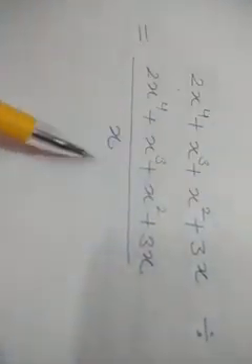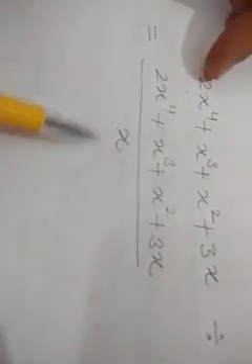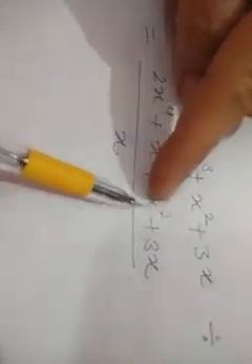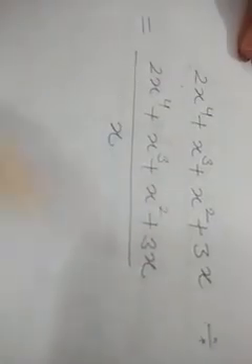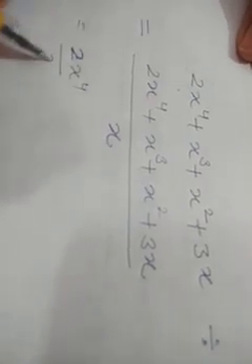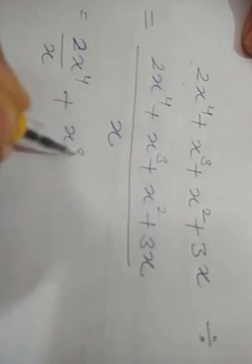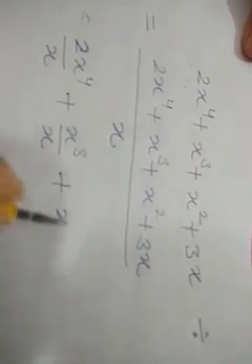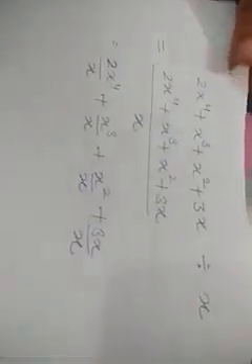This x divides each and every term. You can write 2x power 4 upon x plus x cube upon x plus x square upon x plus 3x upon x.